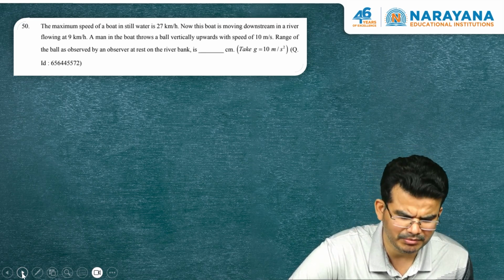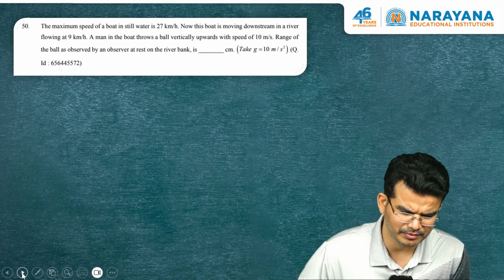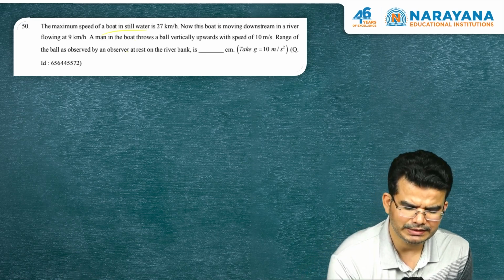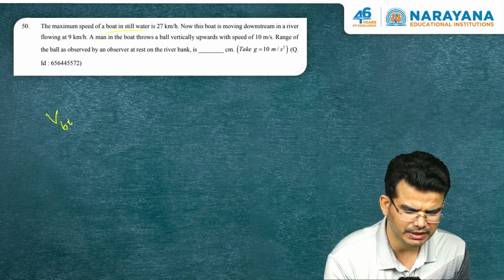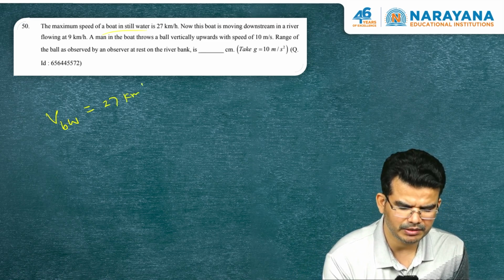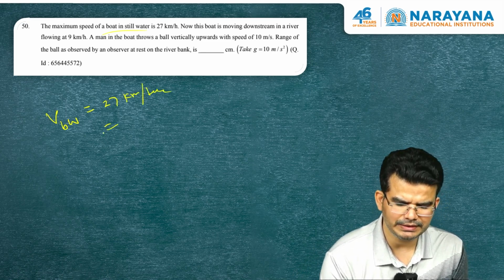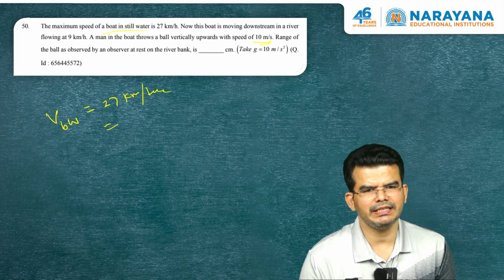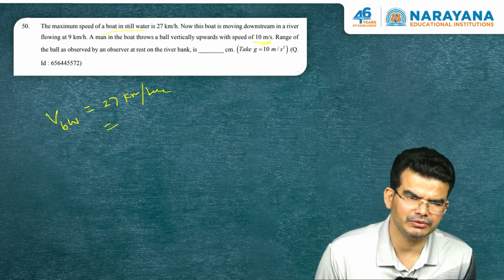Again, a very basic river boat problem. They are saying velocity of boat in still water, VBW, is 27 km per hour. But later you have 10 meter per second, so data is in kilometer per hour and also in meter per second. So, we have to change.